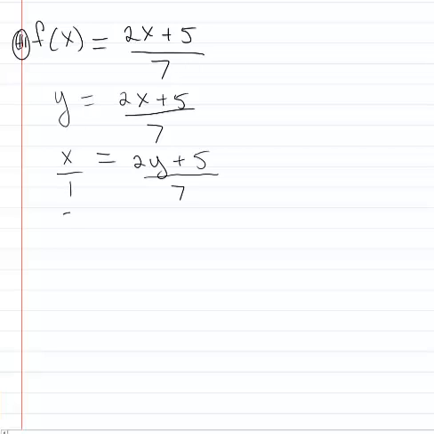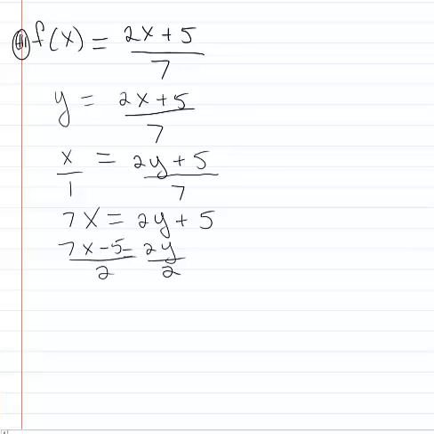Let's cross multiply, so we get 7x equals 2y plus 5. We need to solve for y, so we're going to move the 5 to the other side, and then just simply divide by 2. And here we got our inverse function, which is (7x minus 5) divided by 2, which is answer choice D.